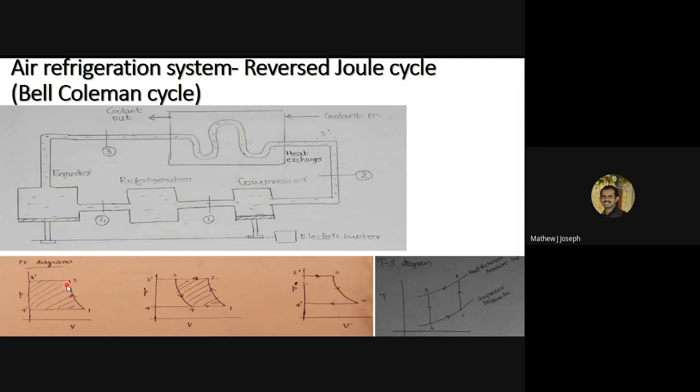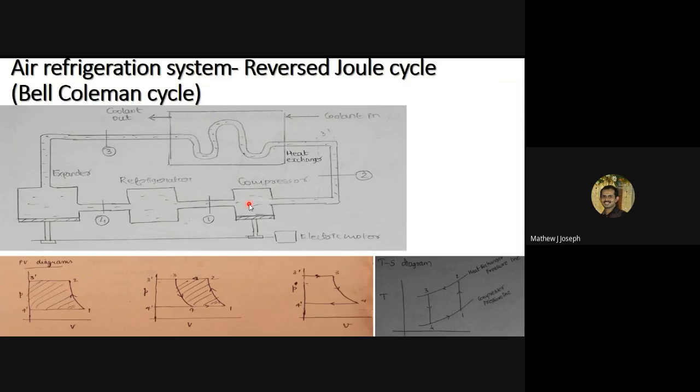We know during the compression process the volume of the air, or the working fluid, will be getting reduced inside the compressor. So that is represented here as 1 to 2, the volume is getting reduced. But what will happen to the temperature? Temperature will be increasing.